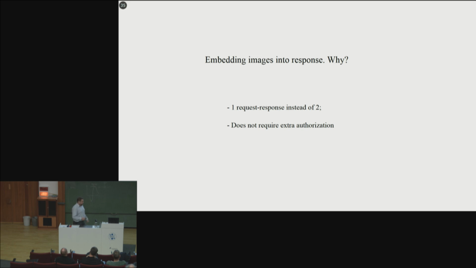For this there are two points. The first one, we do a single request-response sequence instead of two. Normally, if you ask for an image, someone would generate it on the server and then give you a link, so you ask for the image in the next request and so on. Here we just give the image in the first run.